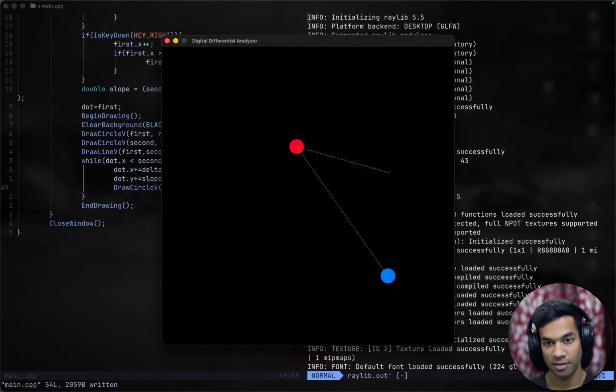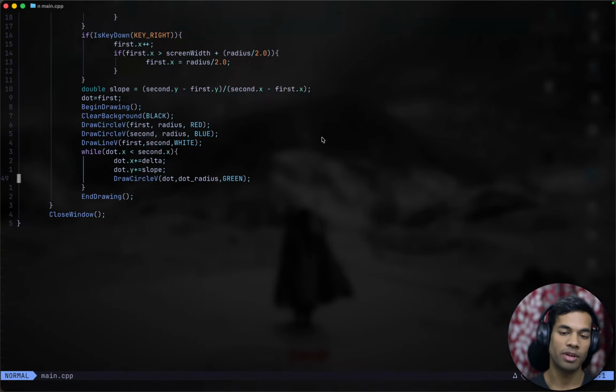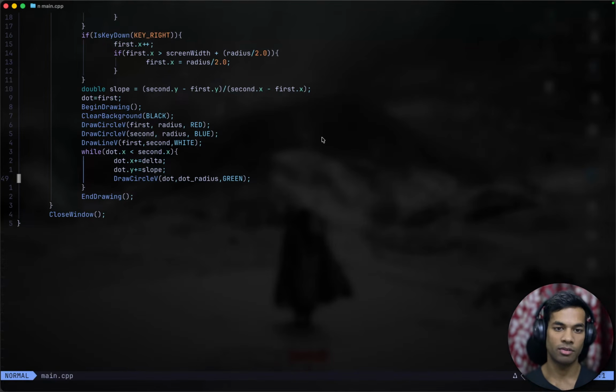Yeah, that is not good. Our line is bad. You have to increase the precision, and the slope is nice.